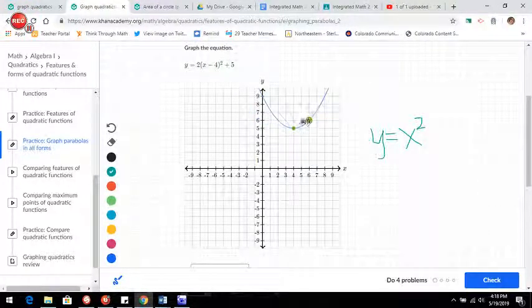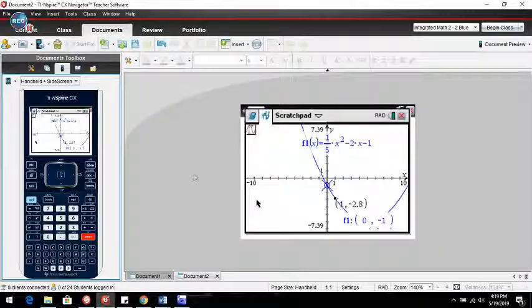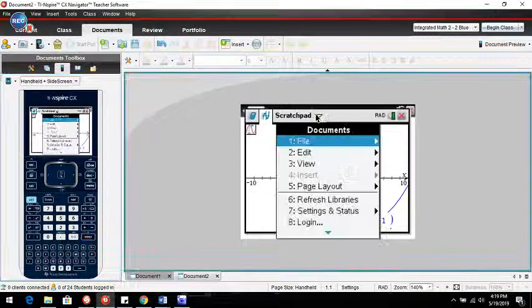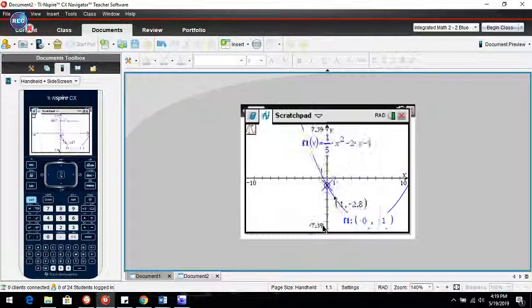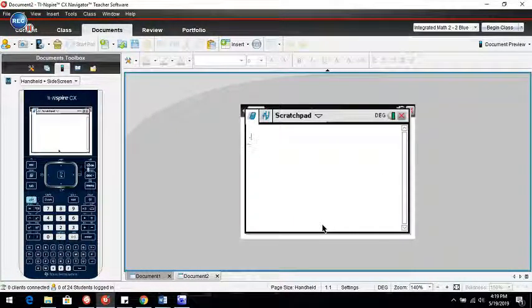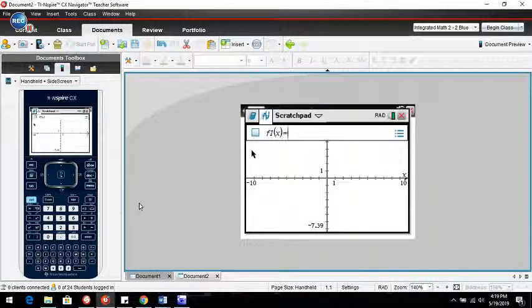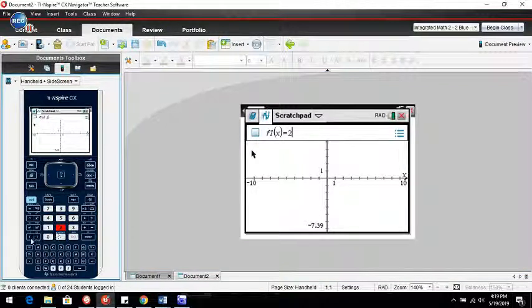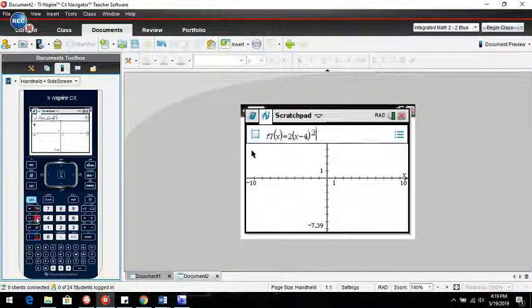So instead of the first point being 1 to the right and 1 up, it's going to be 1 to the right and 2 up. Now, you may not know for sure how to do all of that. Just use your calculator. Type it in. Great way, even if you're kind of guessing on some of those movements, to say, did I do it right?